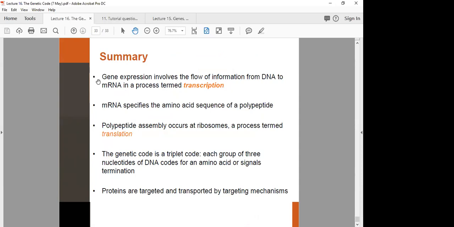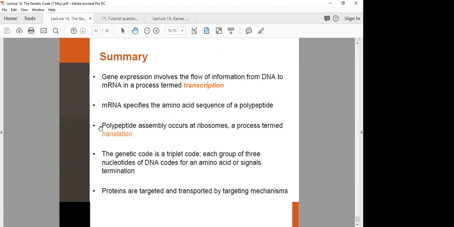In summary, gene expression involves the flow of information from DNA to messenger RNA in a process called transcription. The messenger RNA molecule specifies the amino acid sequence of a polypeptide, and it does that because it contains codons. Remember, each codon is represented by 3 nucleotides.